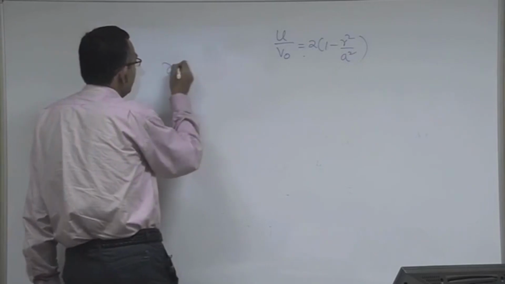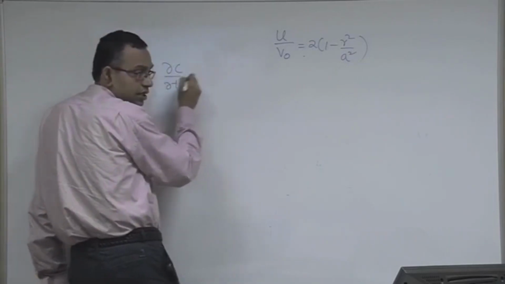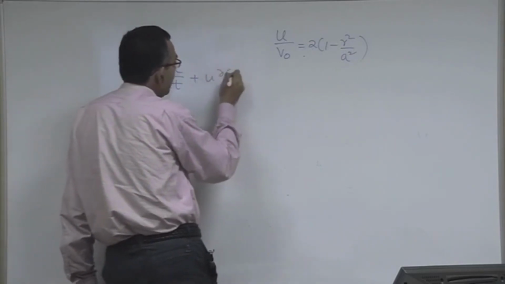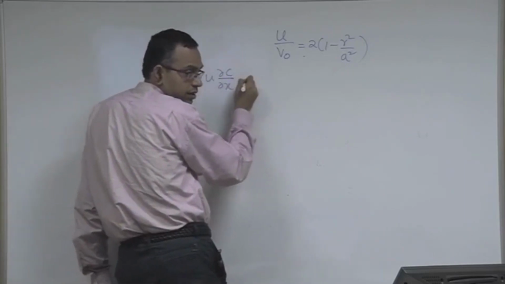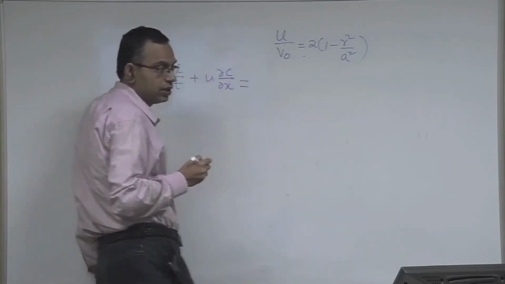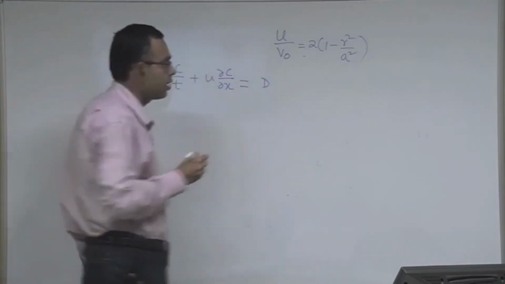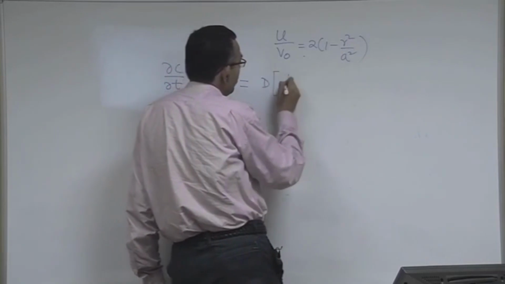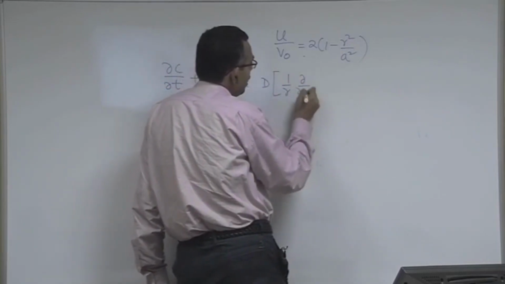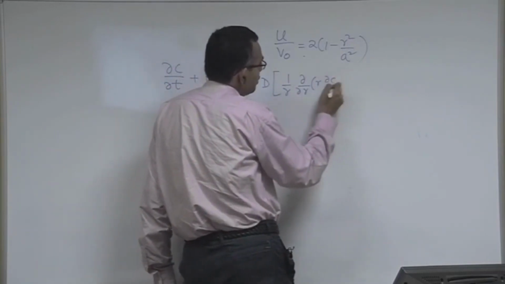So the governing differential equation: del C del t plus u del C del x is equal to D times 1 by r del r of (r del C del r).